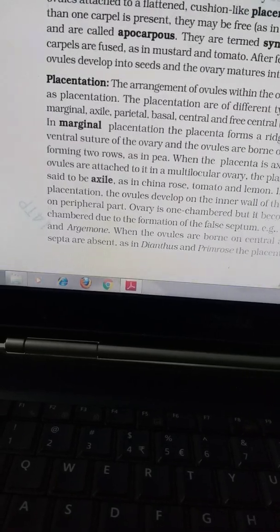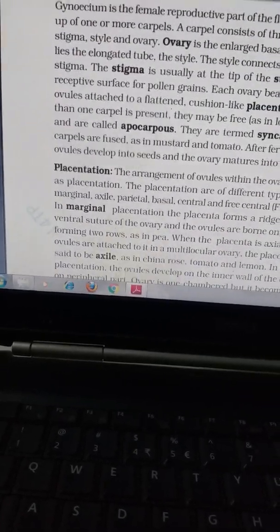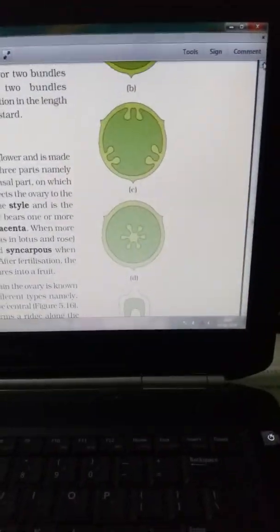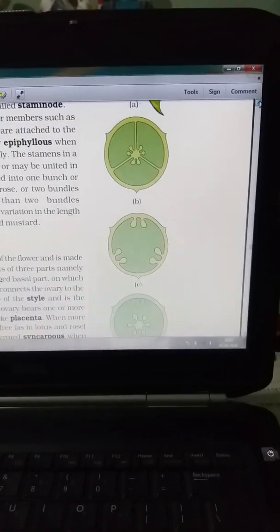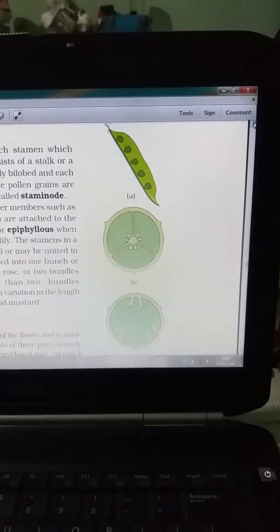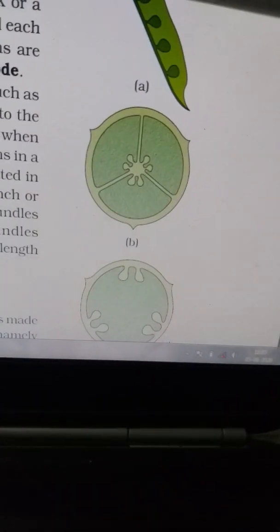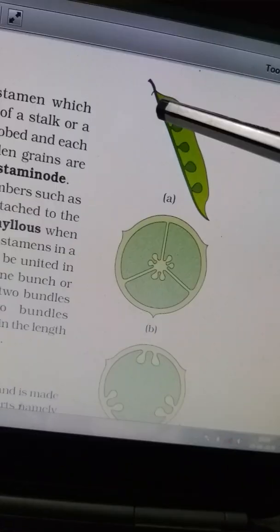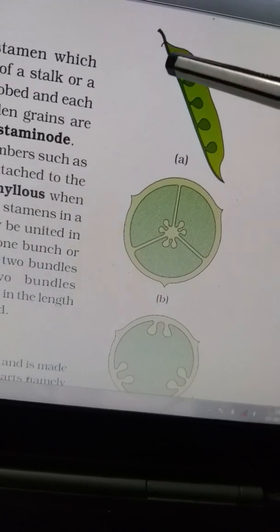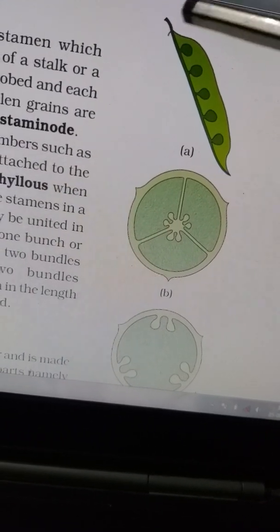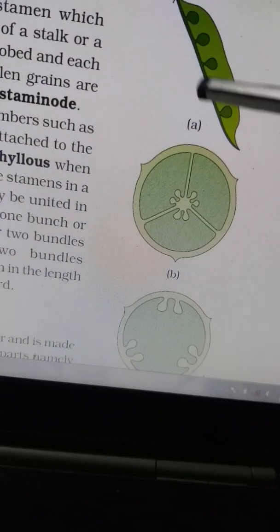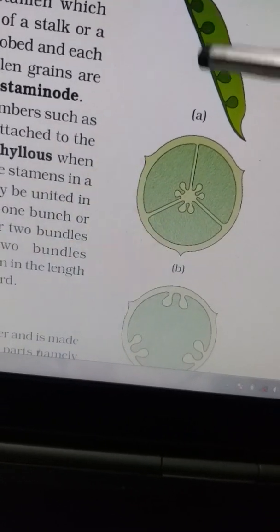Now here, you have to focus. Look at this pea flower. The seeds here are basically the ovules, and they are attached to the margin of the ovary. So that is known as marginal placentation.